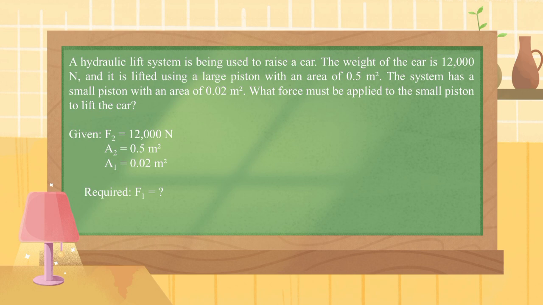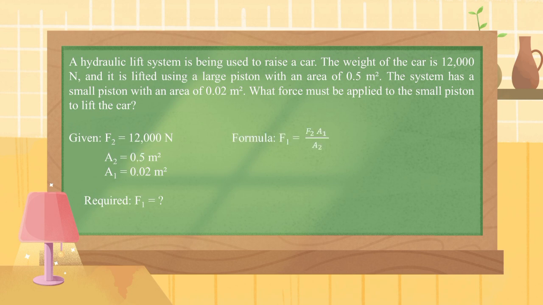So the formula that we need to use is F1 equals F2 times A1 over A2. And then substitute. So F1 equals F2, which is 12,000 newtons, times A1, which is 0.02 square meters, divided by A2, which is 0.5 square meters.